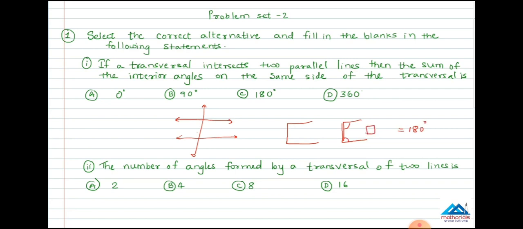Interior angles are supplementary, that means 180 degrees. The sum of the two angles equals 180. If we add up the two angles, we get 180 degrees. So option C is correct.